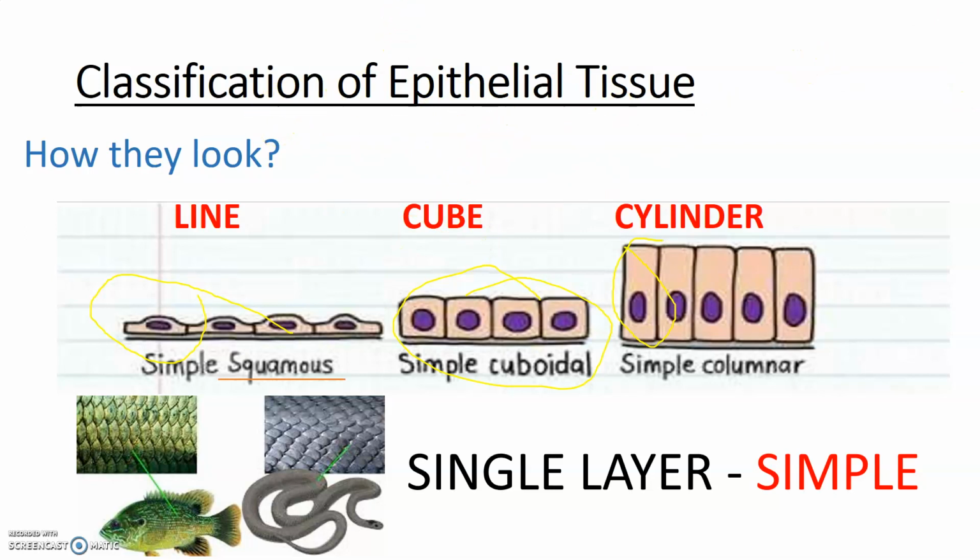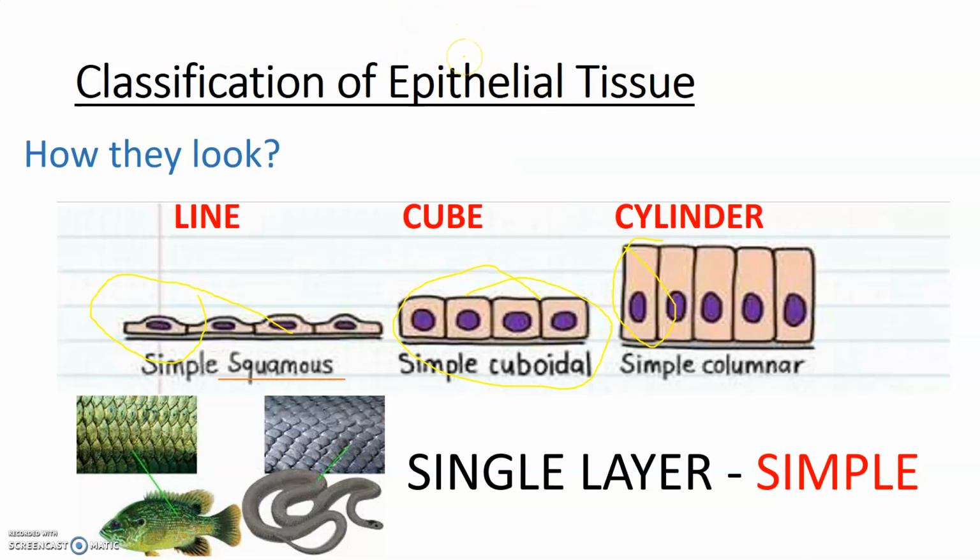When it is a line-like tissue, we call it squamous. Squamous comes from the Latin word squama, which means scale. The scales that we see on a fish or a snake body appear one after the other with no margin left. The same is the case with the squamous tissue here.